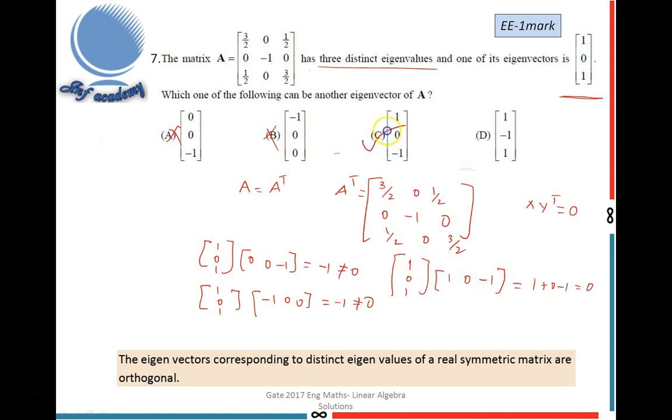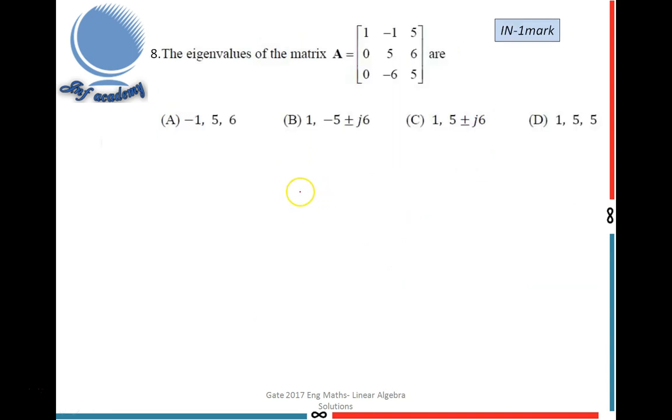So C is the correct answer. The remaining option is also not equal to 0, so it is wrong. So eigenvectors 1 0 1 and 1 0 minus 1 are orthogonal. Answer is option C.